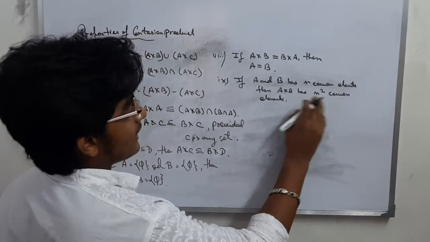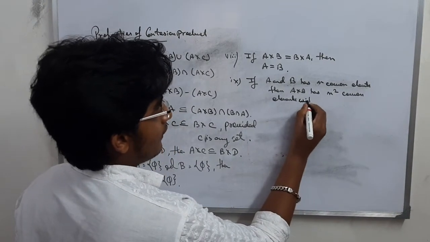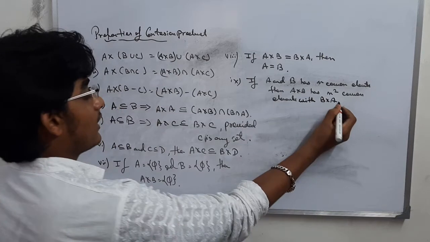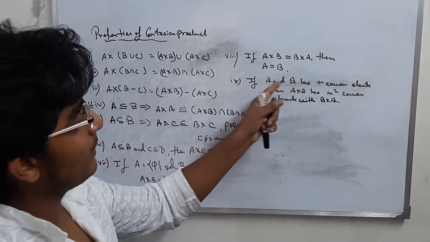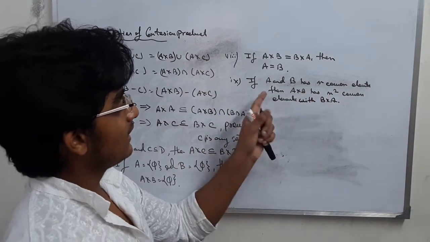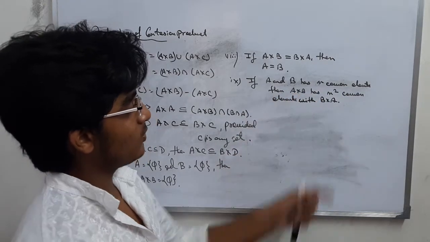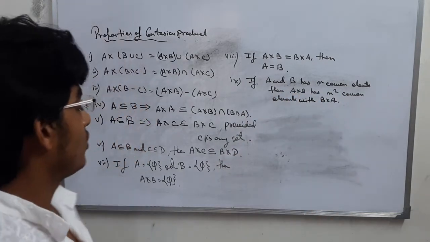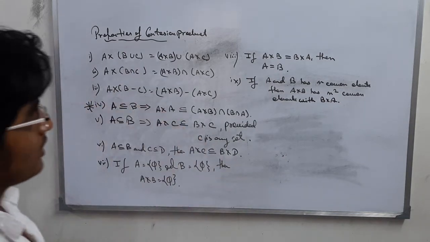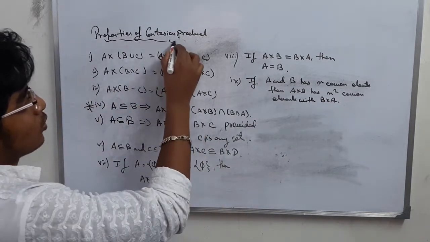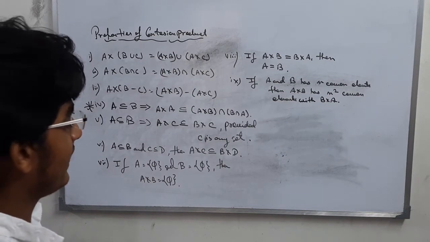Then A cross B has n square common elements with B cross A. Got it? So these are all the properties of Cartesian product of two sets. So make sure you remember these things.